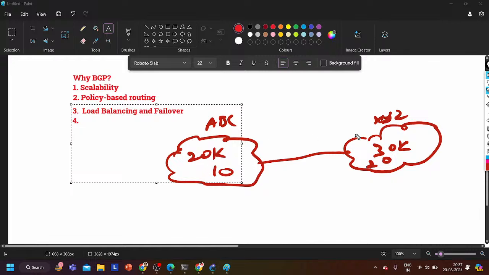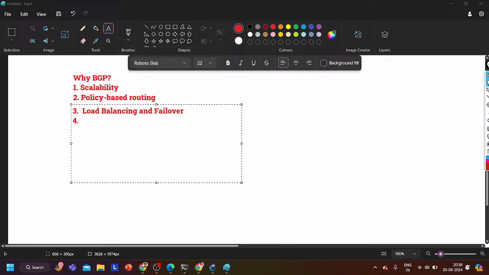So for inter-domain routing, we have only one protocol, that is BGP, right? So to merge two companies' networks together, or to advertise routes to the service provider network, or to receive routes from the service provider network, definitely we have to use BGP protocol, because my IGP protocol cannot handle lots of prefixes, right?